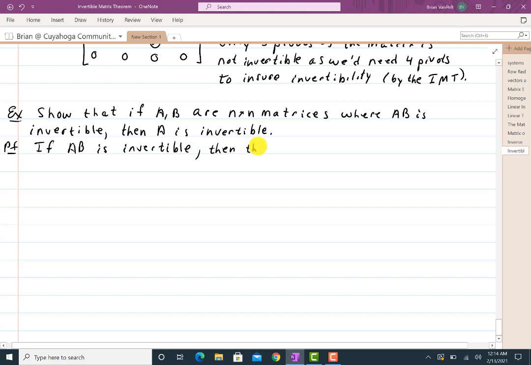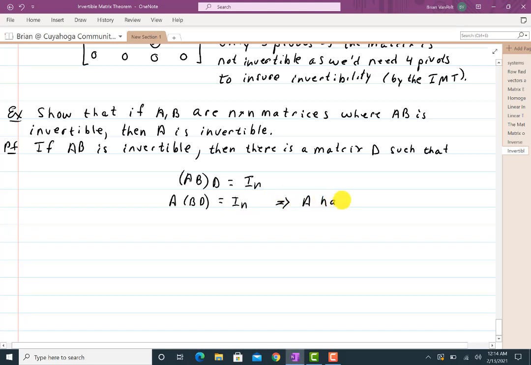then there is a matrix D such that AB times D equals I_N. But I can regroup. This implies that A has a right inverse.